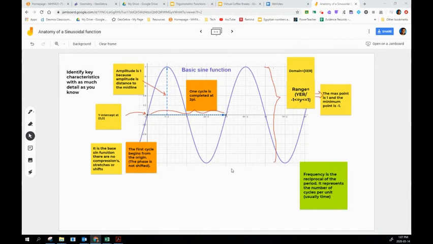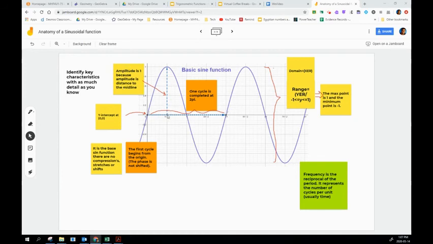Okay, so we're going to do a brief summary of the anatomy of the basic sine function from the Jamboard. And this is team 3. The other teams did very well, but we're going to go over it rather briefly. So we already talked about the shape that is periodic, that repeats every so often. And here are some key characteristics.